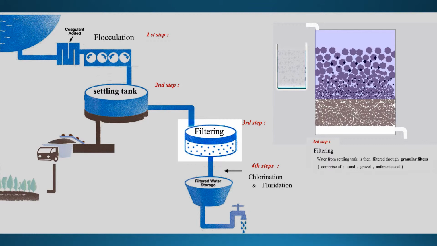Finer particles will be trapped in the lower layer, and then even finer particles are trapped in the further layer, until it reaches the bottom layer, and then the clean water comes out.